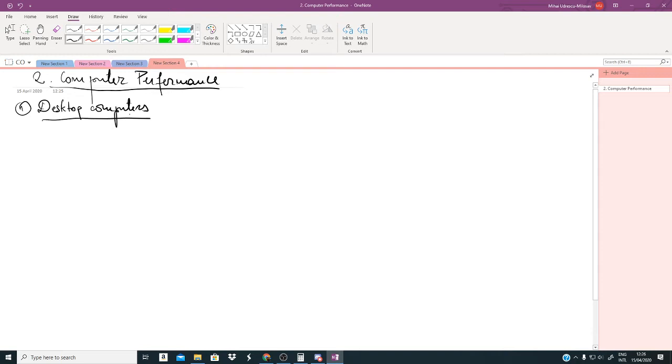These computers are the best known form of computers, obviously, and basically a desktop computer is a computer that is designed to be used by an individual, right?